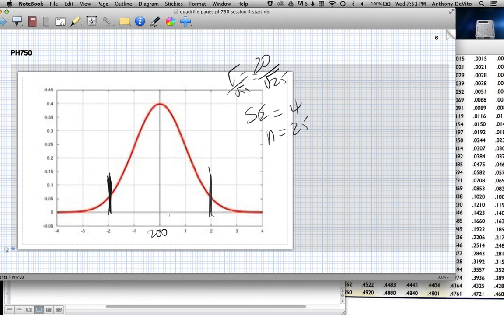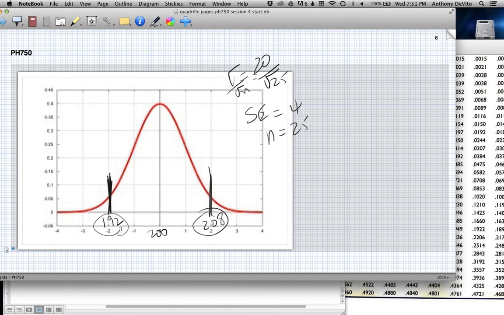And what is that? That's going to be 192 to 208. I'm 95% sure that if I take a sample of size 25, the mean of that sample is going to be between 192 and 208.